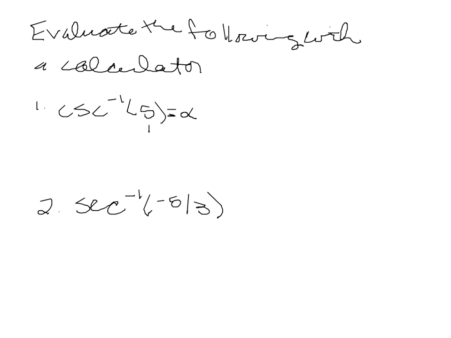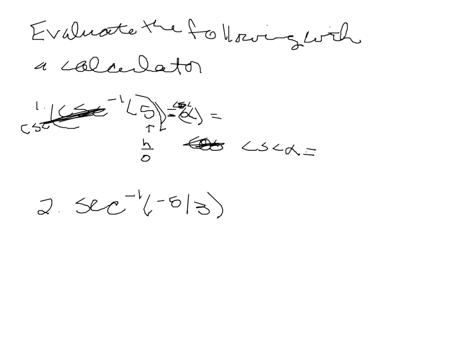Okay, so you put into a cosecant function, an inverse cosecant function, hypotenuse over opposite. And what you get out is an angle. So if I apply cosecant to both sides, what happens is it cancels out over here, and I get cosecant alpha equals 5, which is hypotenuse over opposite.